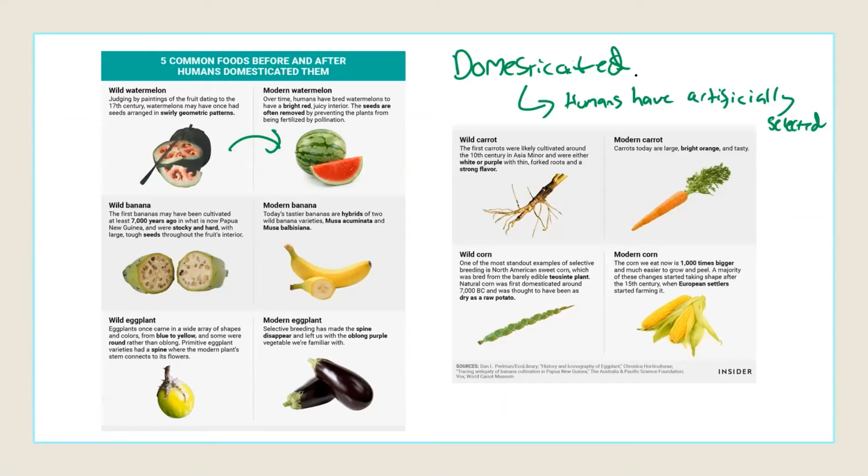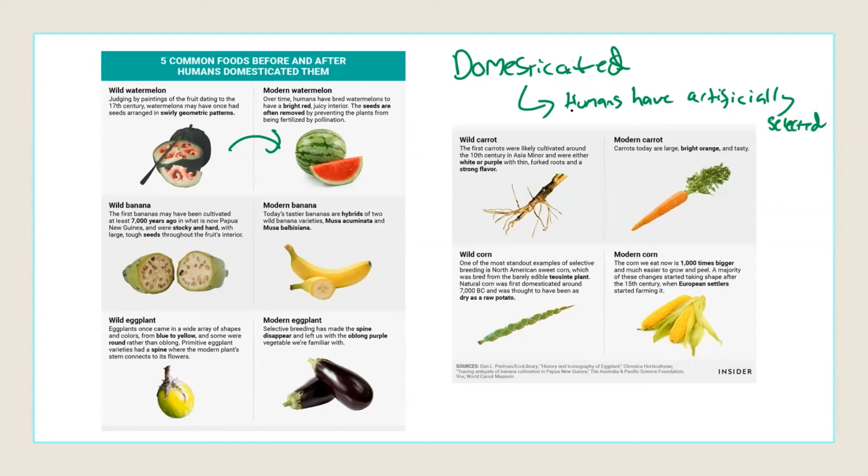Bananas had large seeds throughout the fruit's interior, whereas now there's barely any seeds in a banana. And so you can see the massive changes here. Eggplants once came in a wide array of shapes, but now they pretty much all look the same.